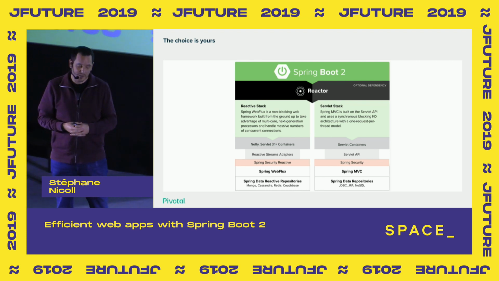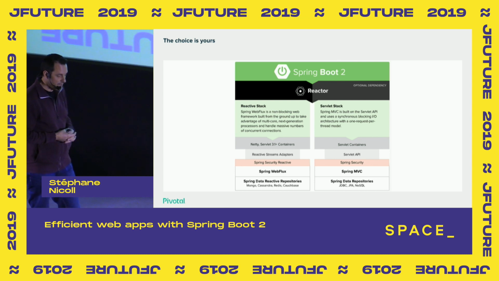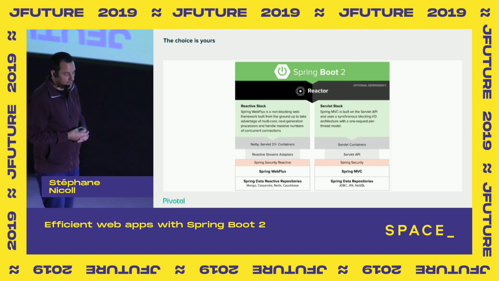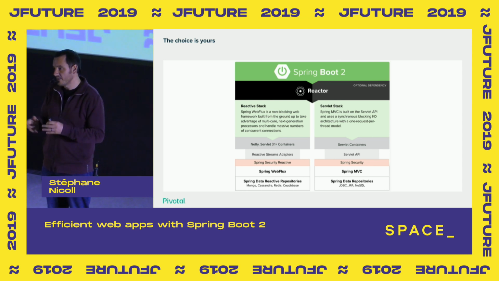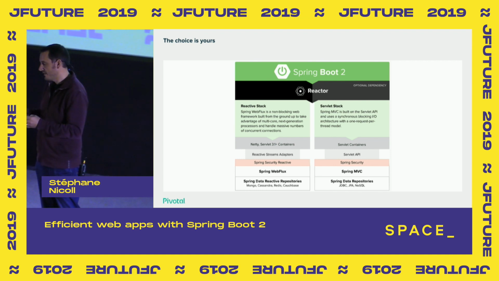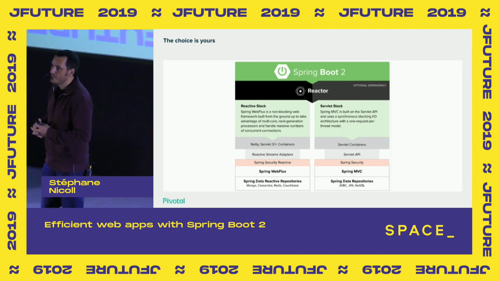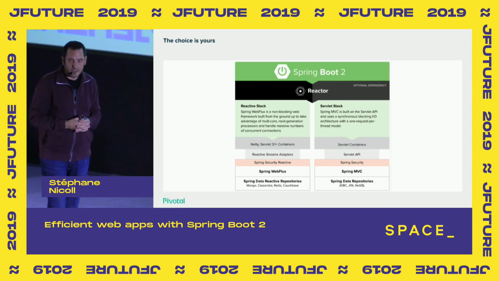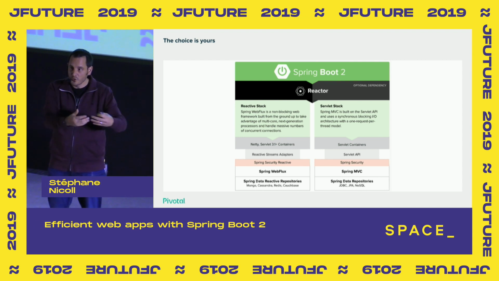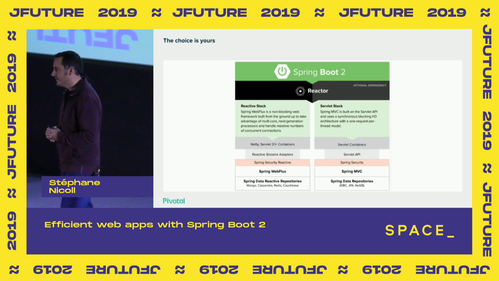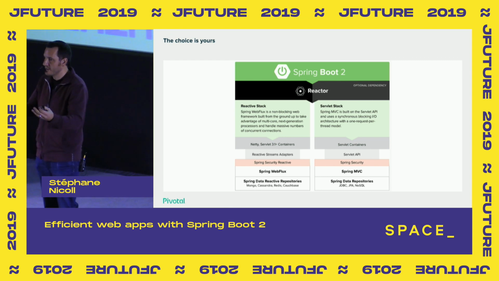The reactive stack, however, is changing the game with an event loop, where everything you do is declarative, so you basically express the business logic, and there is an engine that will call you whenever the data is available, or whatever you're looking at is available.